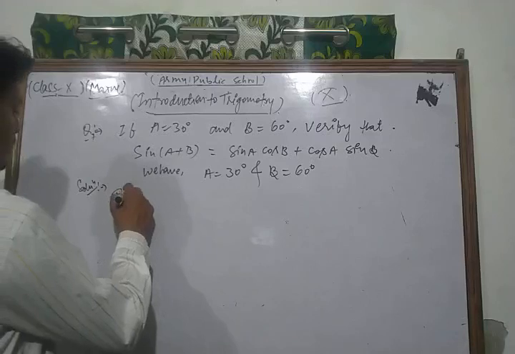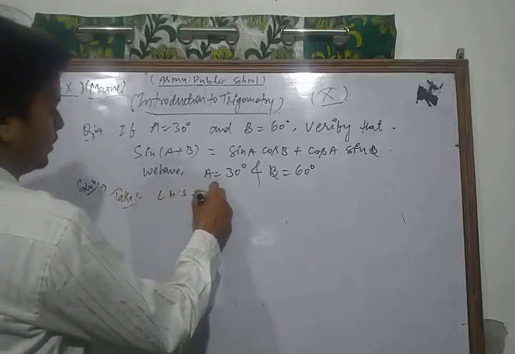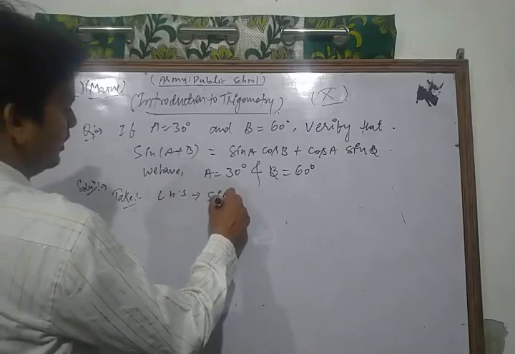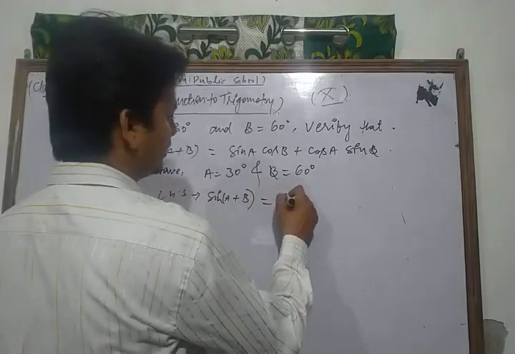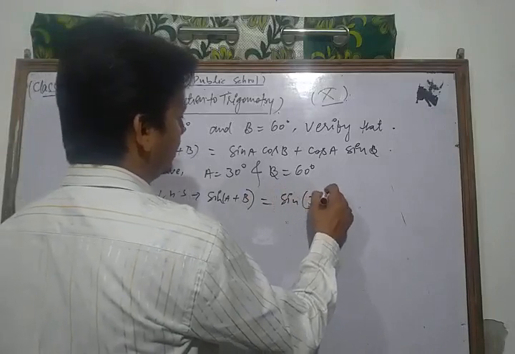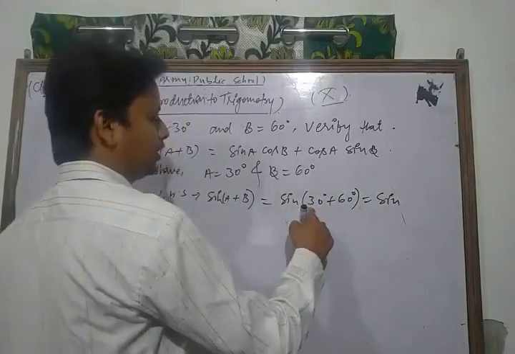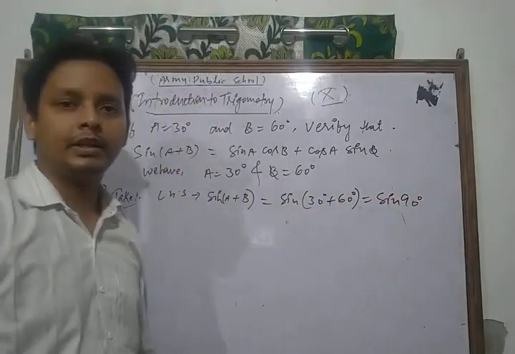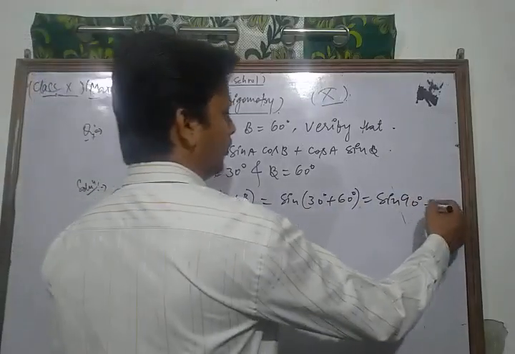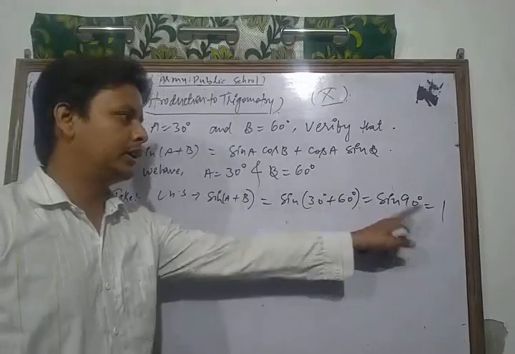So take LHS, which is sin(A plus B). Now we put the value of angle A and B, so we get sin of 30 degree plus 60 degree, which is sin 90 degree, and you know that the value of sin 90 is 1. So here we have is equal to 1. The value of sin(A plus B) is 1.